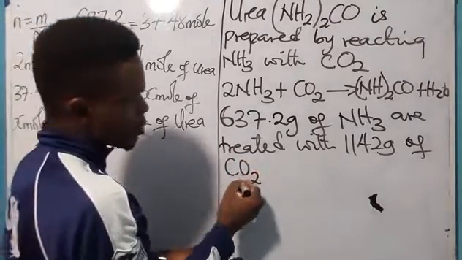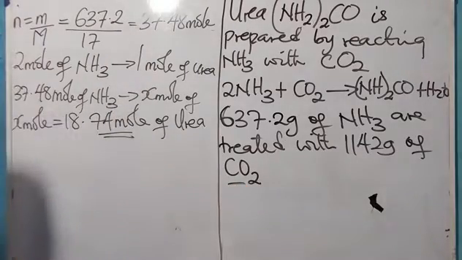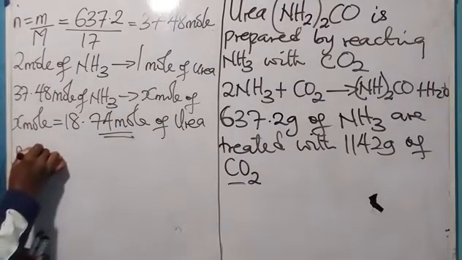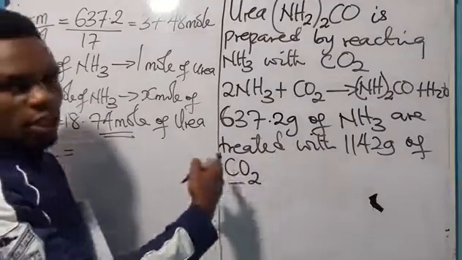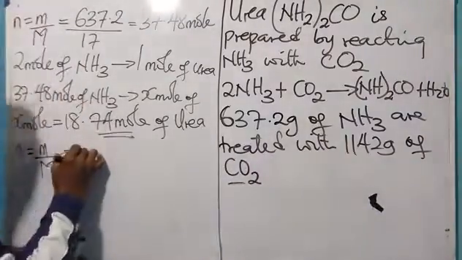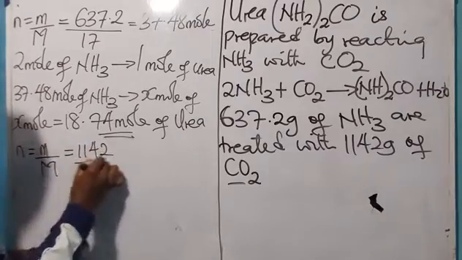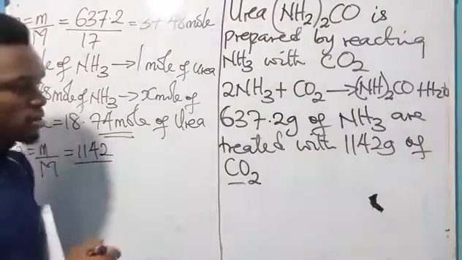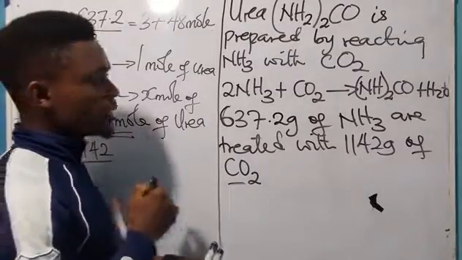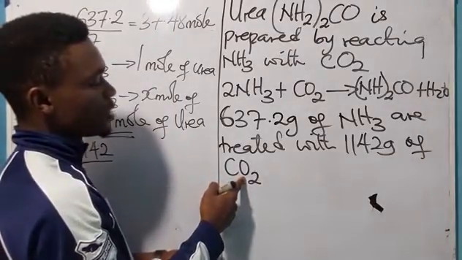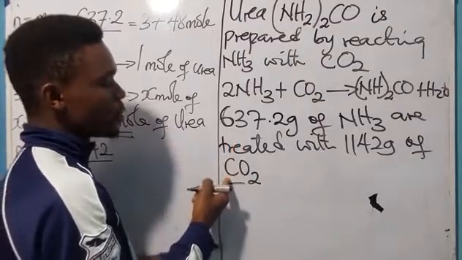Then that is for ammonia. Let's now solve for what? Carbon 4 oxide. Number of moles is equals mass over molar mass. The mass from the equation is 1142 divided by the molar mass. What is the molar mass of carbon 4 oxide? That should be 48, because 16 times 2 is 32 plus 12.